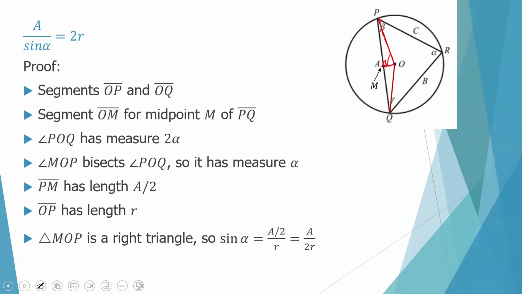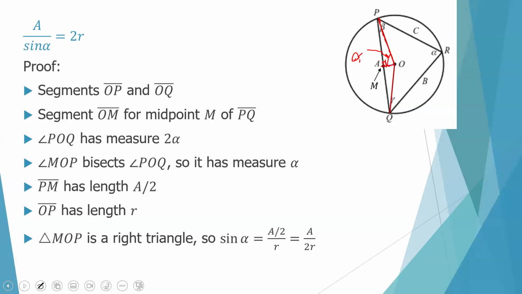That's the right angle. So sine of alpha is equal to, remember that this is alpha. That there is alpha. So sine of that angle is the opposite side over the hypotenuse.